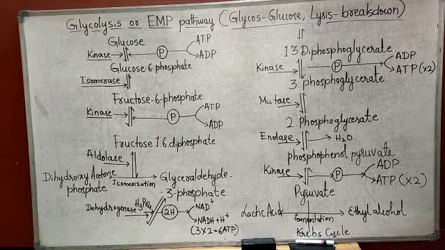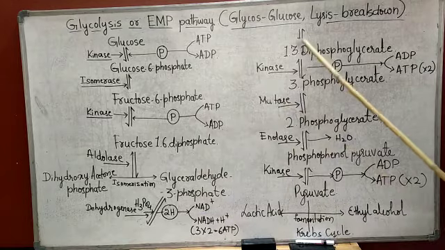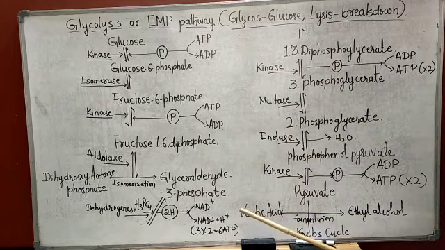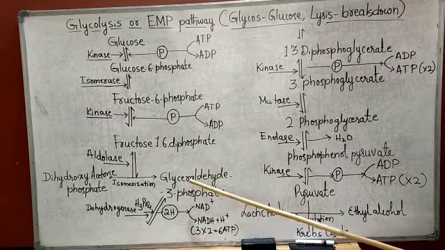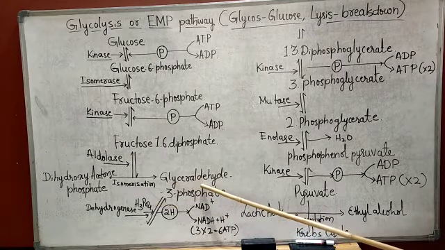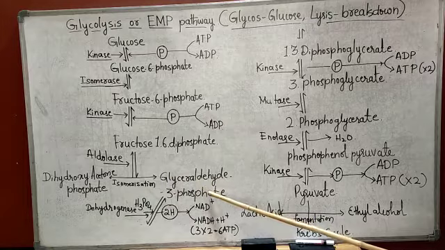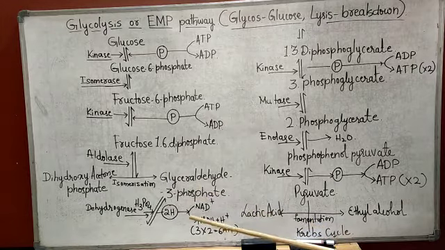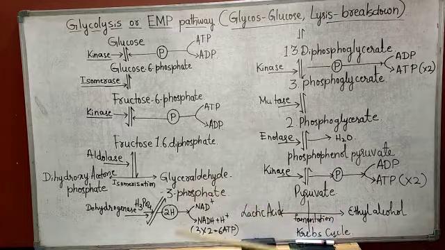And now the second phase of glycolysis, that is the oxidative phase. Here the reaction is of glyceraldehyde 3-phosphate. Let us take one compound out of these two isomers. Glyceraldehyde 3-phosphate undergoes phosphorylation and oxidative dehydrogenation.